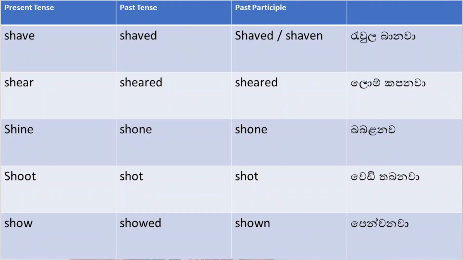The first word, shave, shaved, shaved or shaven, Raulabanama. Shear, sheared, sheared, Lokapado.